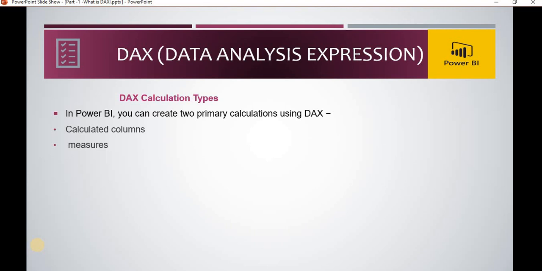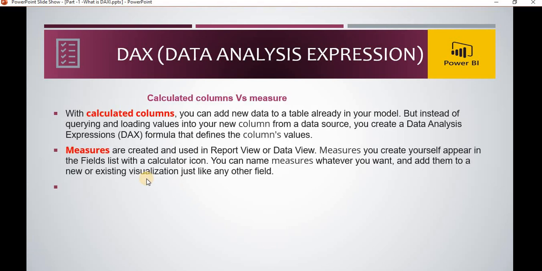These are the calculations we do in Power BI using DAX over the data source, and we are going to see in how many ways we can do calculations in Power BI. So let's understand the difference between the calculated column and the measure.